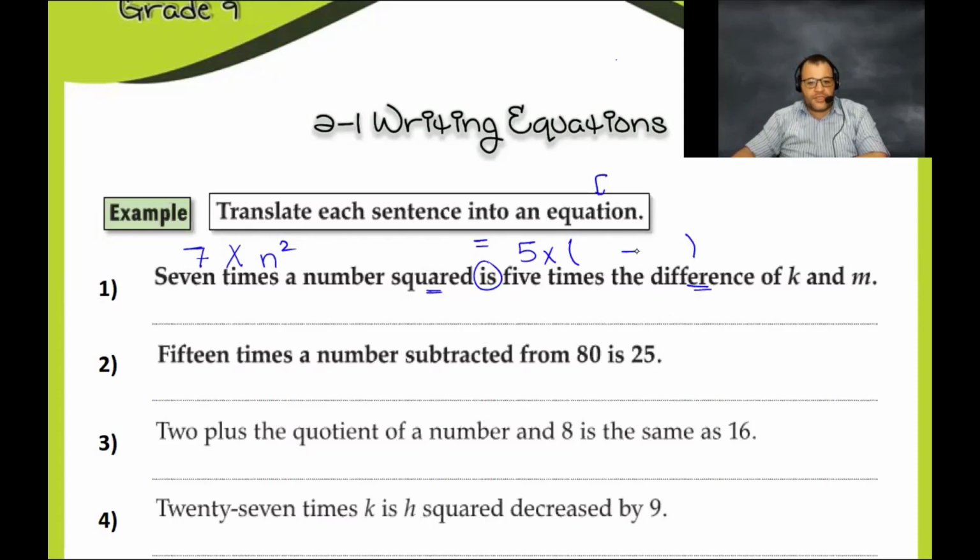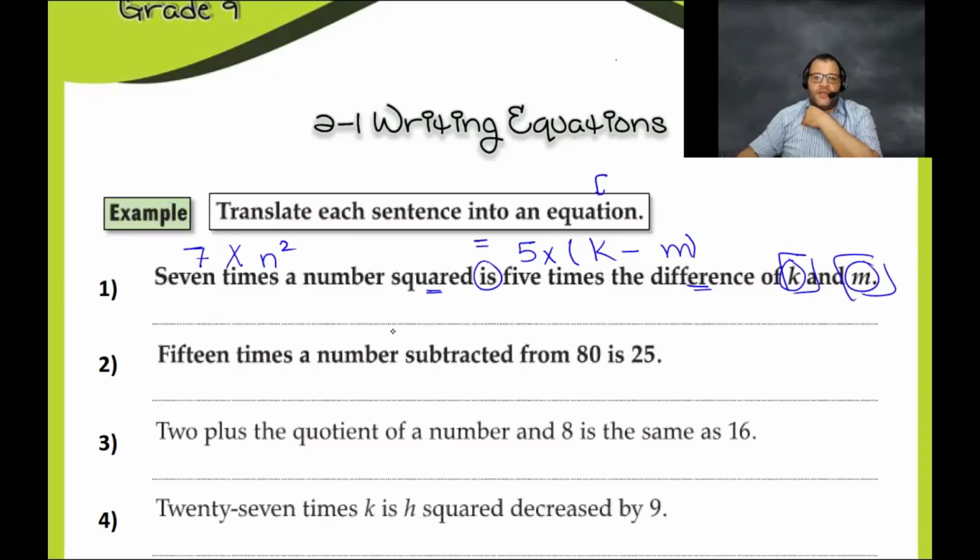Minus, subtraction. So keep the same order, k and m. For the words difference, sum, product, and quotient, we have to keep the same order: the first part comes before the and, and the second part comes after it. So we have k and m.